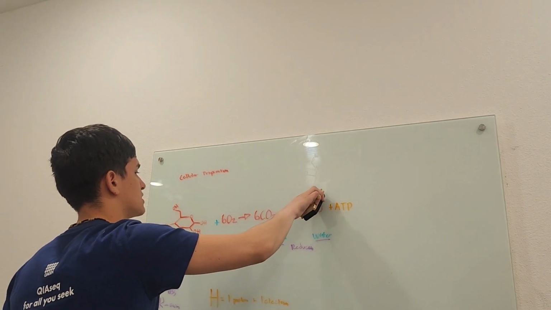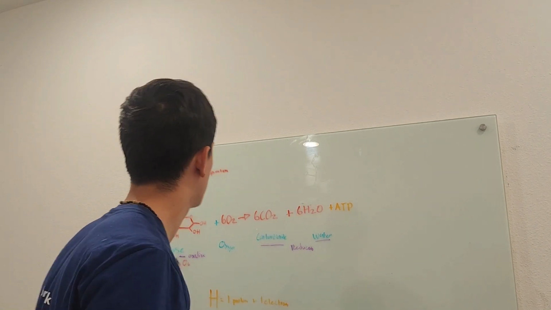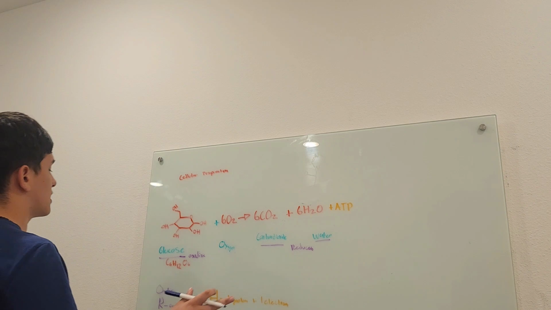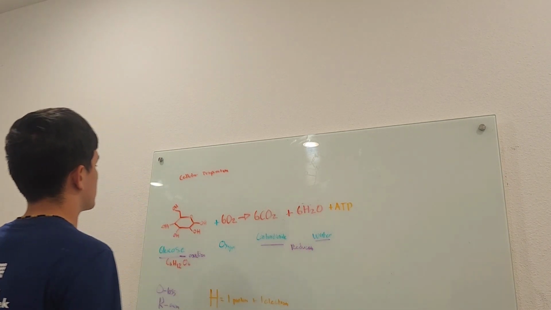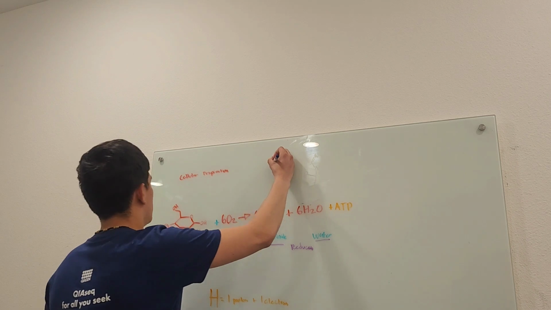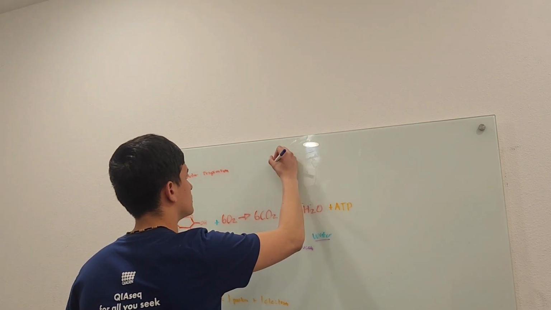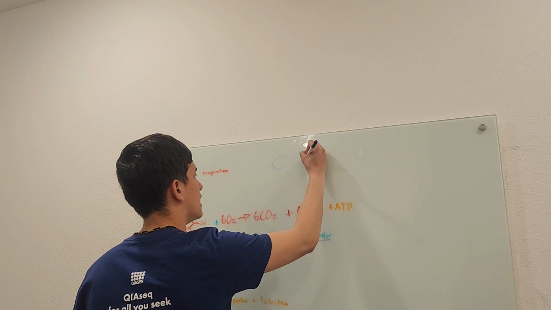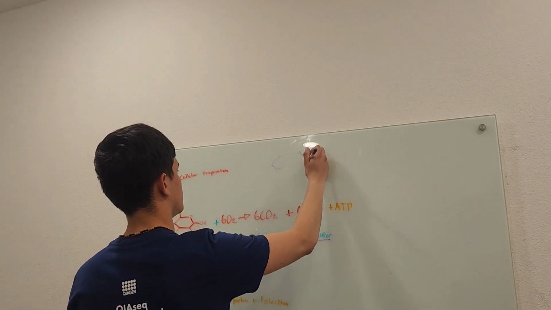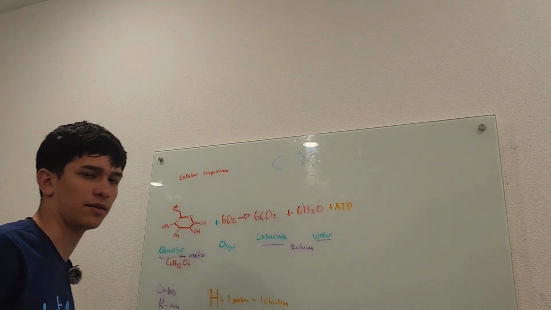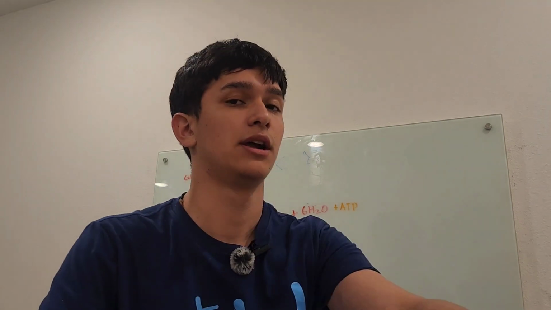Okay, so we go back to cellular respiration, where we want to have oxidation and reduction reactions, right? So we start from left to right. So glucose over here. For glucose, all of these corners are representing a carbon. That comes from organic chemistry.